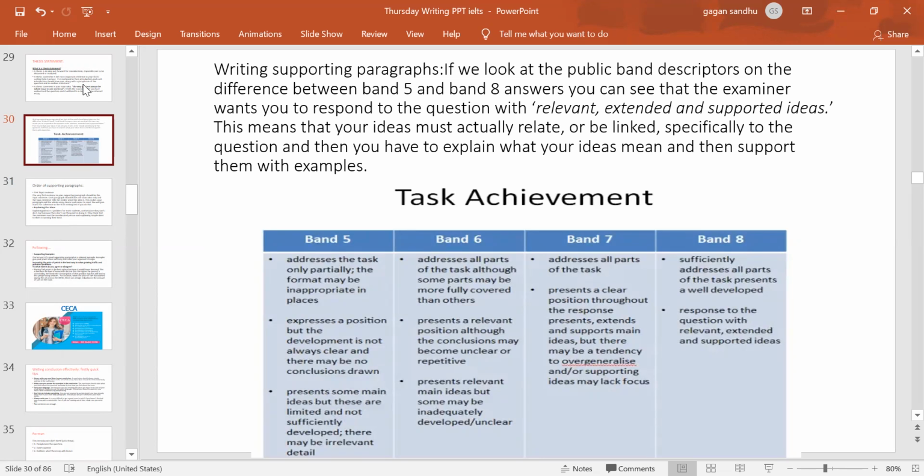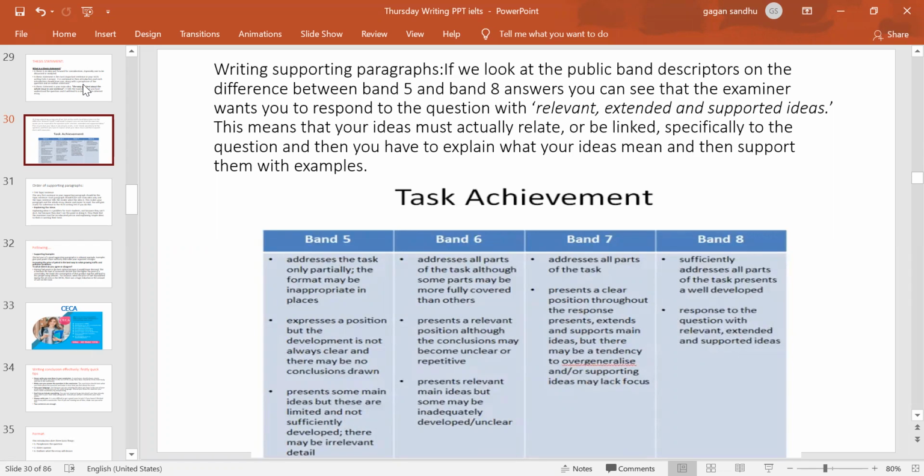So basically, if you want to get good marks, your answer needs to have relevant, extended, supported ideas. Relevant means you're not talking about out of context things. Extended means you have given an explanation to every relevant idea you mentioned. Supported means you are giving examples with those ideas, right?